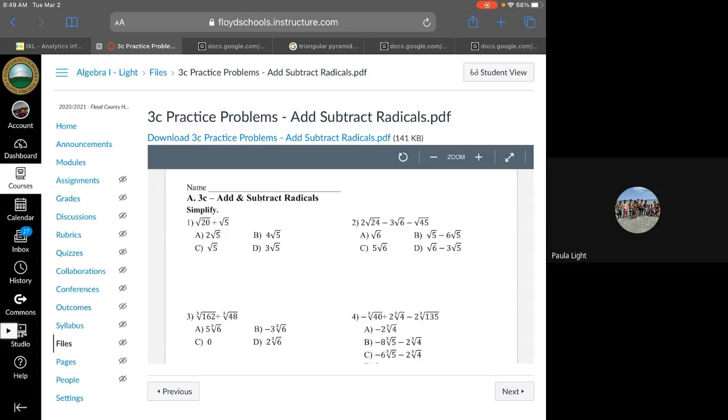It's also virtually there, but I have printed a bunch of copies. Did you get one? I got one. If you don't have it, I have extra copies that say add and subtract radicals. Do you need a copy? I have one. Here it is. You were absent today. That came out. Did you find it? Yeah.